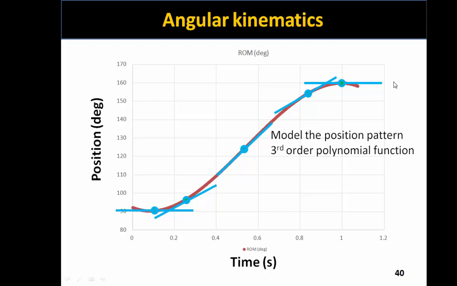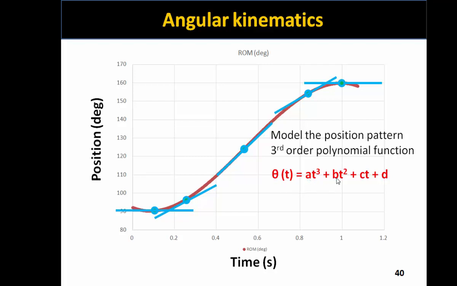The maroon line here is actually a model of real data. A third order polynomial function was used with regression analysis to develop the maroon curve. This function has the form of theta as a function of time, where time is the independent variable that will determine the value of knee angle.